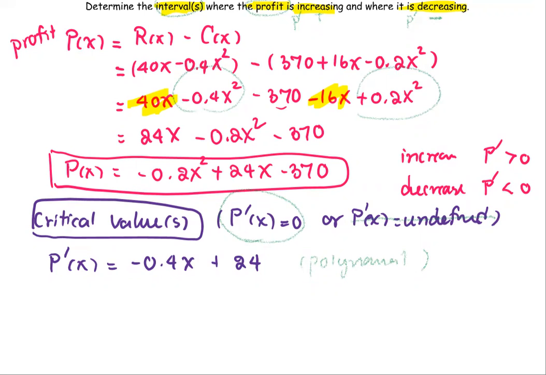Then we're going to let P prime be 0. We set P prime of x equal to 0 to find the critical value.